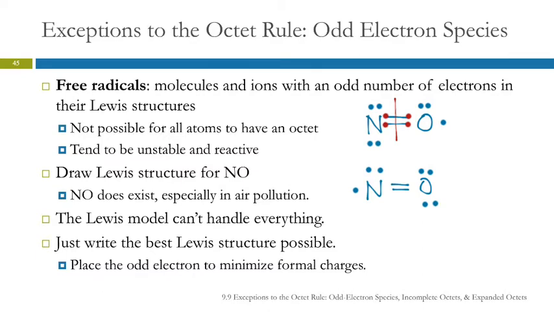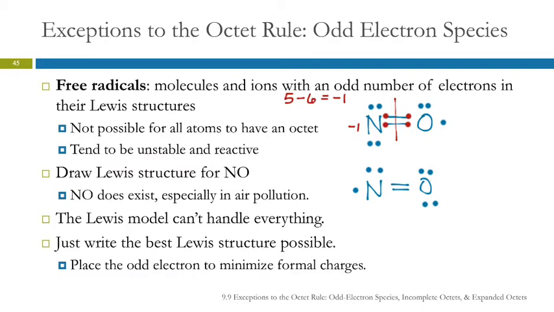Then we're going to compare that to how many nitrogen has as a single atom and oxygen has as a single atom. The nitrogen, when it came in as a single atom, had 5 valence electrons, right? It brought 5 electrons. It's leaving with how many? 6. So 5 minus 6 is negative 1. That's the formal charge on this nitrogen as we've drawn it.